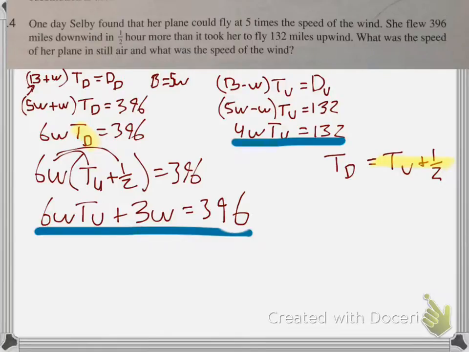Okay. But I'm going to use substitution. Look, this here has a WTU in it. This has a WTU. Could I actually solve for this one here? Divide both sides by 4. So WTU is equal to?